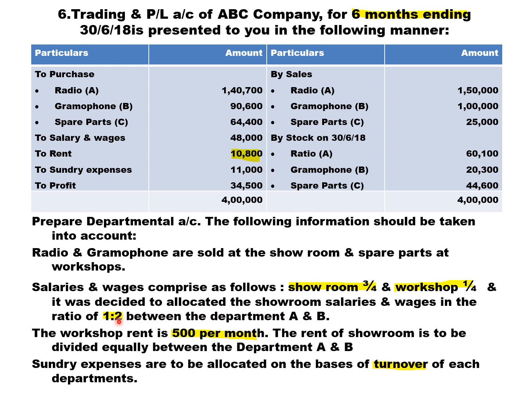And it was decided to allocate the showroom salary and wages in the ratio of 1:2 between Department A and B. So from this, what do you understand, students? As I said before, first calculate salary of AB and salary of C. Second, AB salary distribute in 1:2.